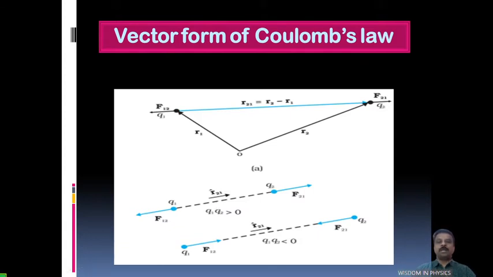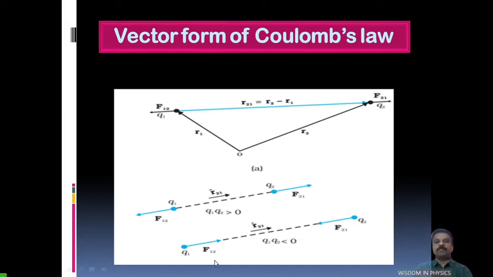This is for Q1 Q2 greater than 0, the positive case. In the case of a negative product of the two charges, Q1 Q2 less than 0, the force is directed in the opposite direction. So here there will be repulsive force, and here we have attractive force. This charge Q1 is attracted by Q2 and Q2 is attracted by Q1.